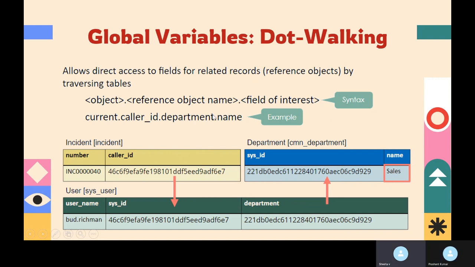If you had used current dot caller ID dot department, you would only get the sys ID. But we have selected dot walking for that particular name field, so we will get this sales, the current caller's department name.